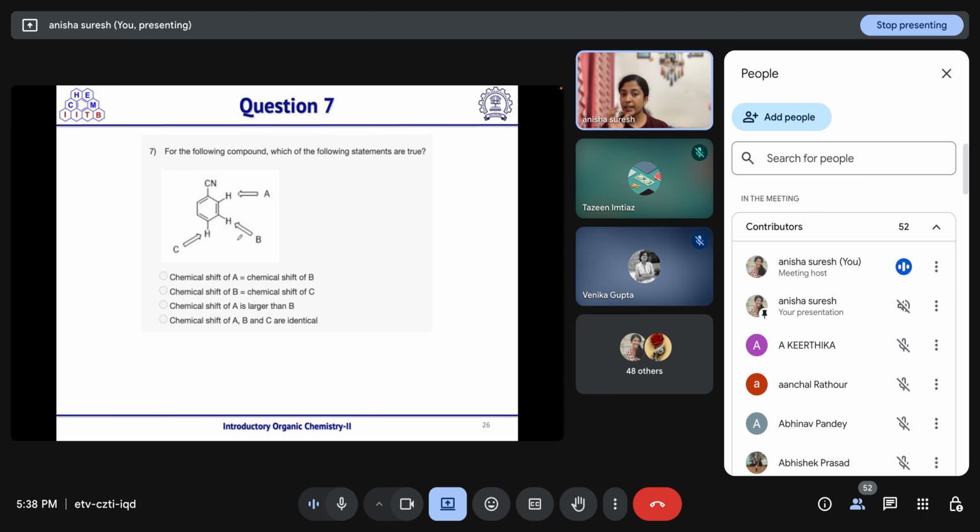This will also be showing different chemical shift as the electron density will be different. Chemical shift of A is larger than B. So as you have seen, because of a lesser electron density or the positive charge that is present at A and C, they will have a greater chemical shift, or they are more de-shielded compared to that of this meta position proton B. So the chemical shift of A is larger than B will be the right answer.